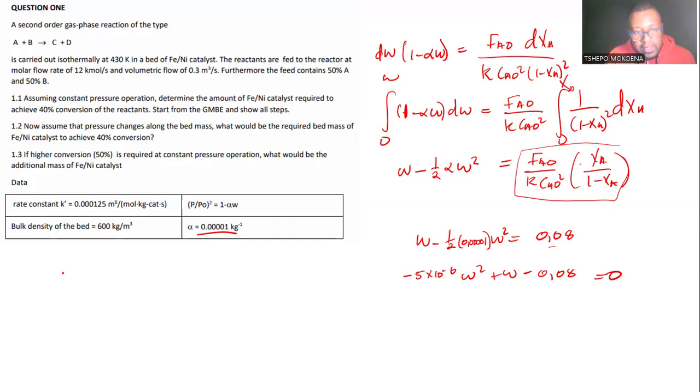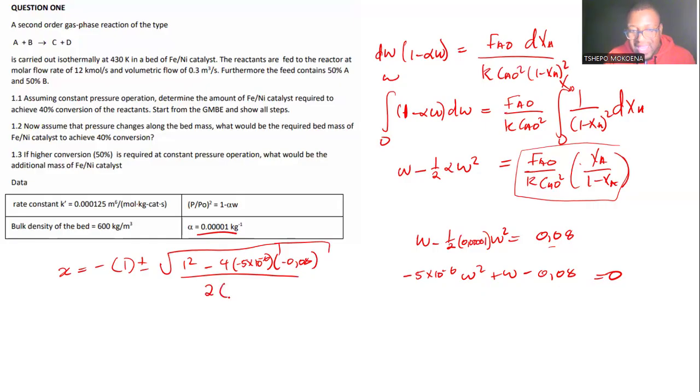So we can use our quadratic equation formula. Our b in this case is 1, so we have negative 1 plus or minus the square root of 1 squared minus 4ac, where a is negative 5 times 10 to the power of negative 6 and c is negative 0.08, divided by 2a. Where a is negative 5 times 10 to the power of negative 6. It's 2a, right? Yeah, it's 2a.